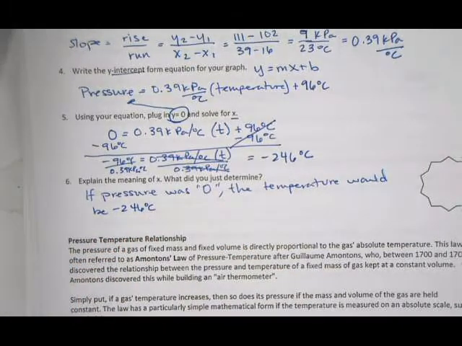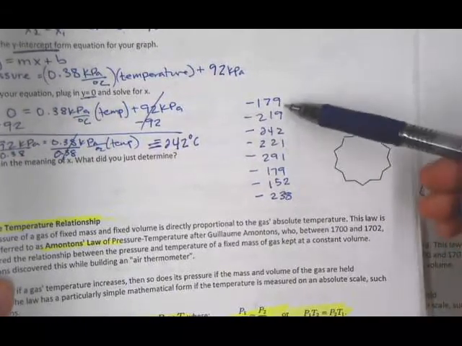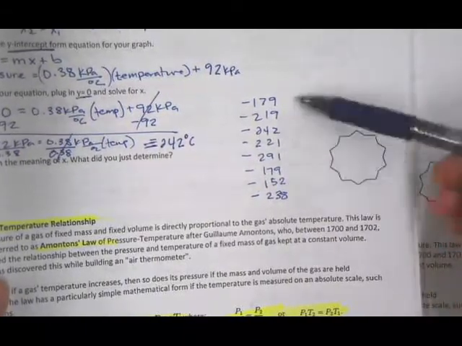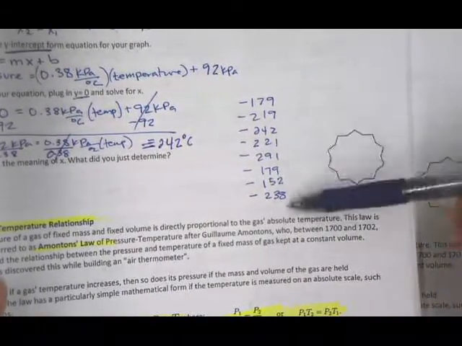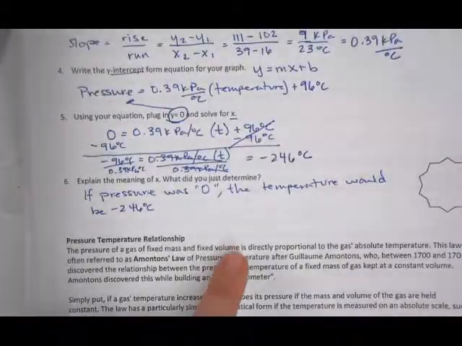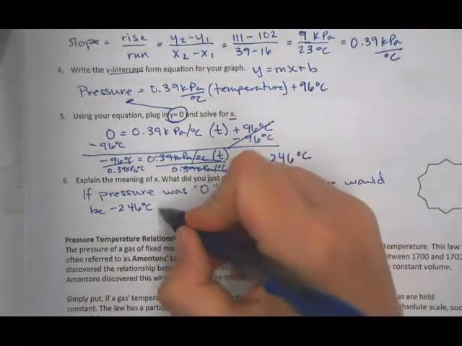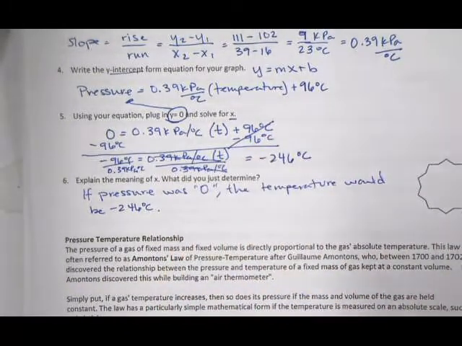What I mean by you could have gotten something different: in 11th period yesterday, every group did theirs separately, and we got this range of numbers here. This was all the slopes that 11th period got on Tuesday. So you can see that it depended on your measuring and how accurate you were, and how good your best fit line was. There's an accepted value for this.